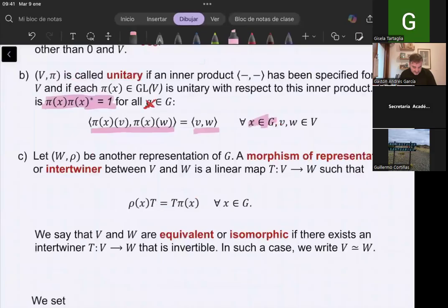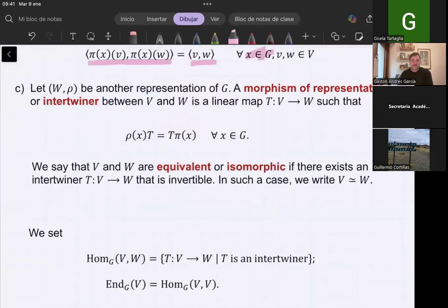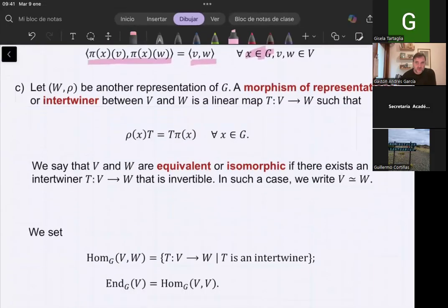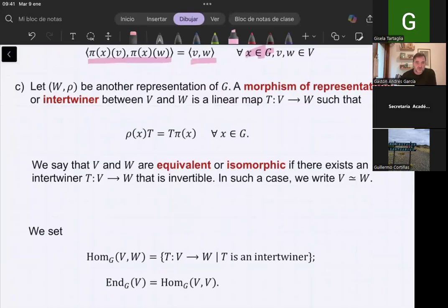And the definition is that given two representations V and W, we call a morphism of representations, or for short an intertwiner, a linear map such that the map commutes with the action of the group.